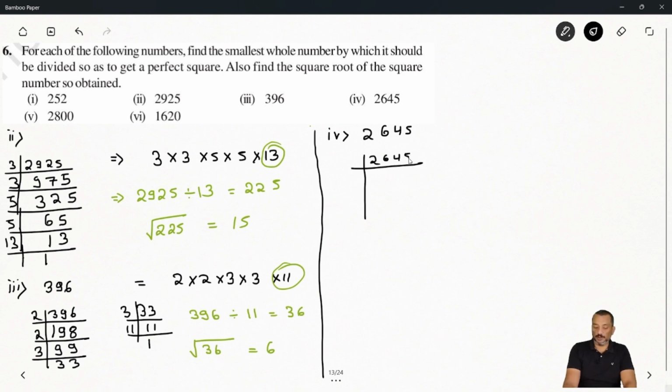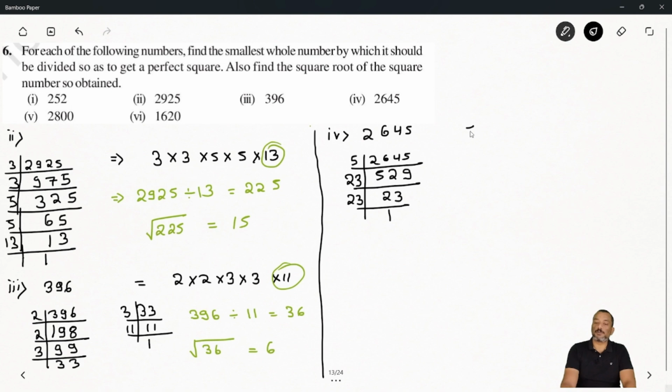It is not a multiple of 2 or 3, so go with 5 because the ones place is 5. You will get 529. Then again go with 23, so it comes 23 times. After that, 23 divided by 23 gives 1.